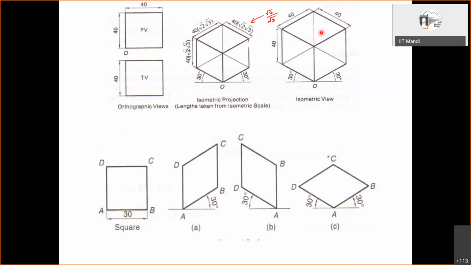This one is of course invariably supposed to be the top view configuration that is given in this C. When we consider this square in the top view configuration, C is what we'll be obtaining. But if it is in front view or side view, then we'll obtain either this or this.